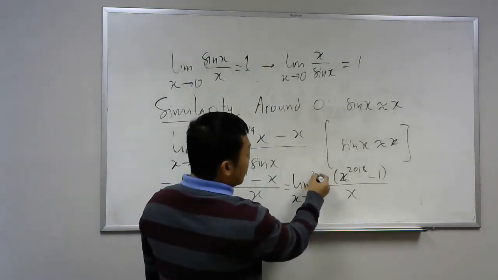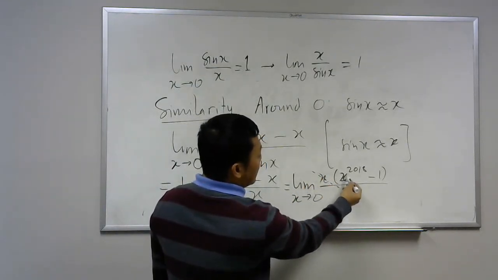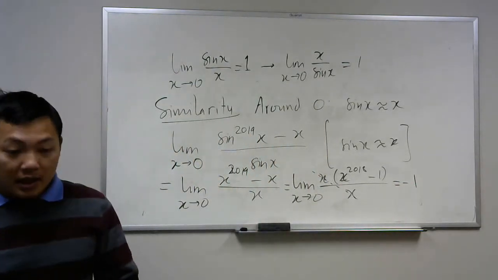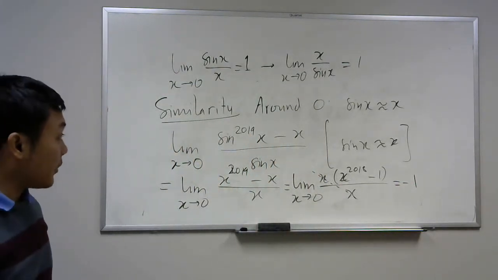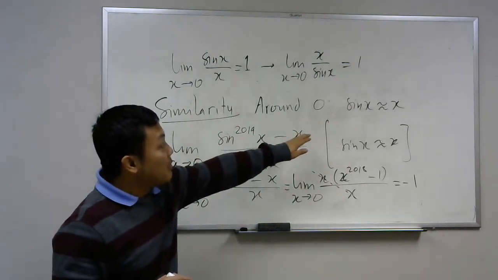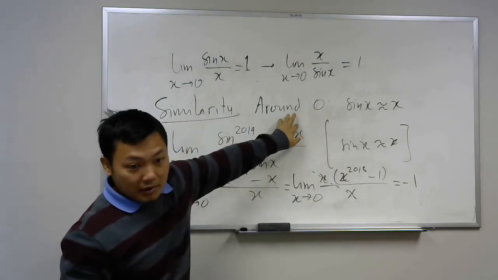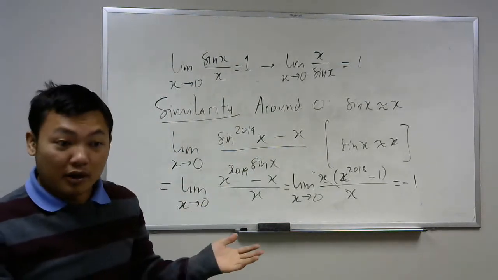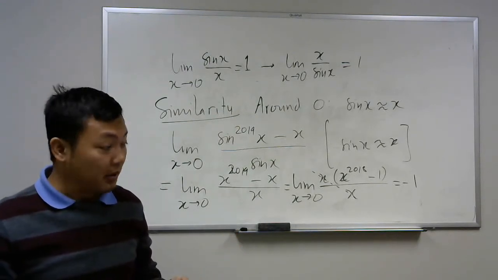Then you simplify x and you plug 0 into this function, you get -1. You see, that's how similarity works. I need to mention that this similarity works only around 0, when x approaches 0. When x approaches another point, we don't have that similarity. Don't forget about that.